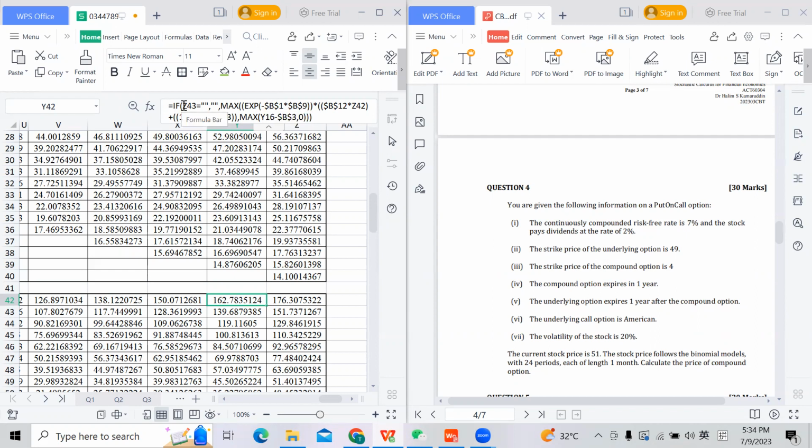Here we enter: if Z43 is blank, the cell is blank.